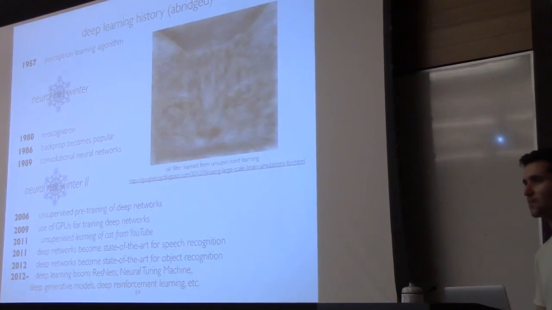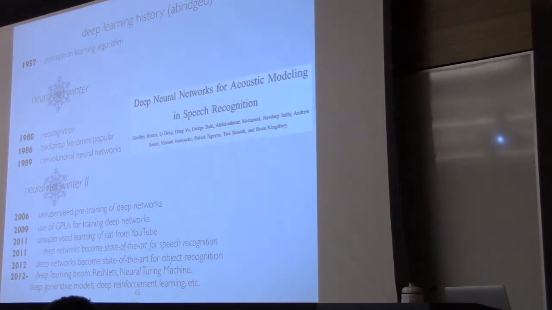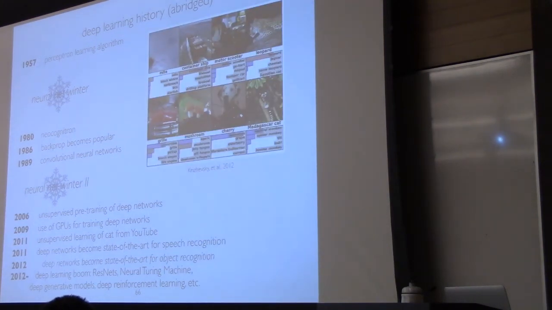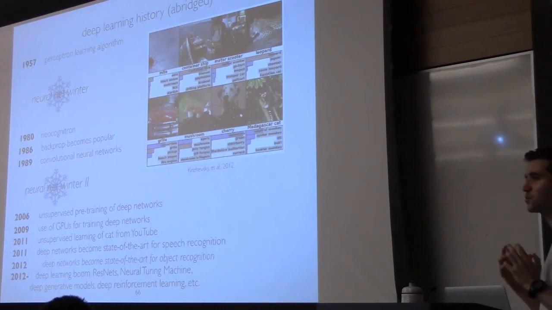In 2011, people were training unsupervised networks to watch YouTube. And they figured out what a cat is. Some groundbreaking research there. And then in 2011, again, there were some breakthroughs on modeling speech. I might talk a little bit about that on Tuesday as well. And then in 2012, this was the most amazing thing that had ever happened, because finally we had the data, we had the hardware, and we were able to classify objects pretty well.